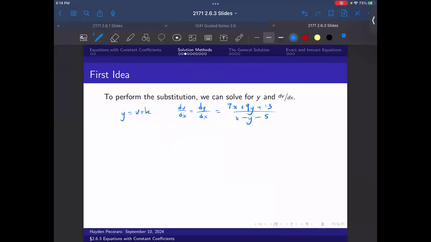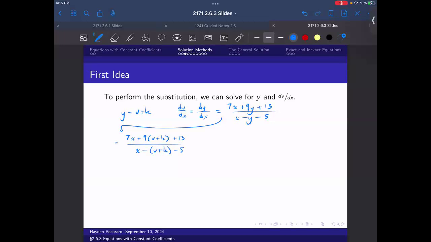And so we want to plug in v plus k for y, and we'll get (7x plus 9 times (v plus k) plus 13) over (x minus (v plus k) minus 5). Okay, and we want to cancel out 13 and minus 5. Let's maybe try to cancel out the 13 first, just because it's on top.